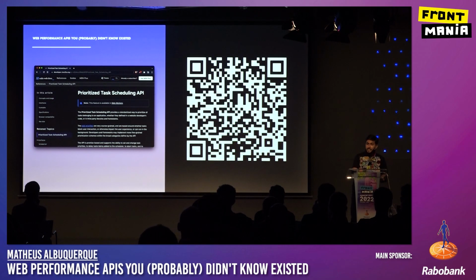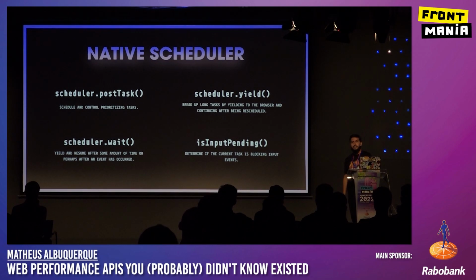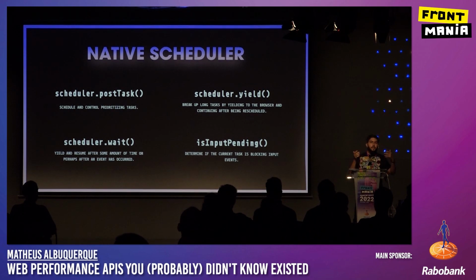It is going to bring a lot of promise-based primitives integrated into the event loop, including postTask, primitives for yielding, or even primitives to figure out whether there's some input happening at the moment, so that you can yield back to the event loop and optimize the response to that.